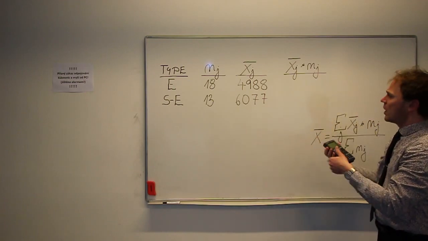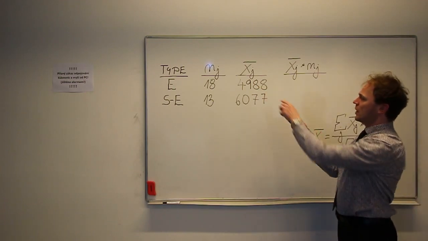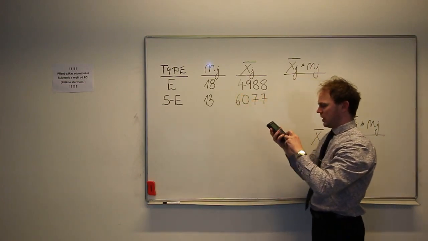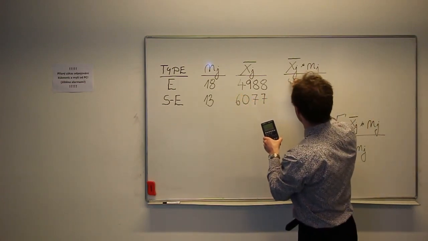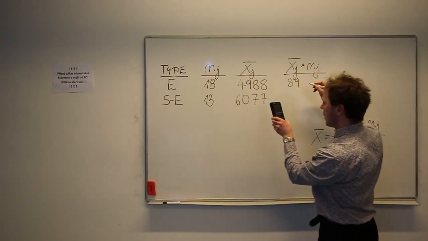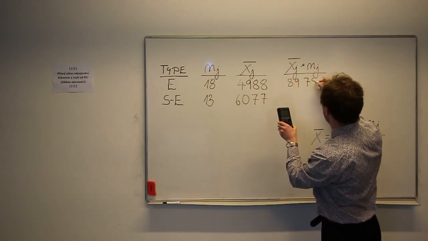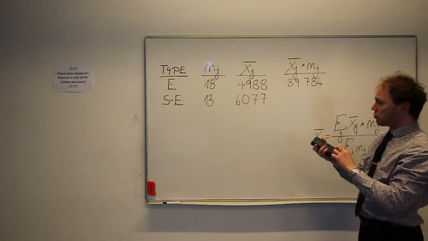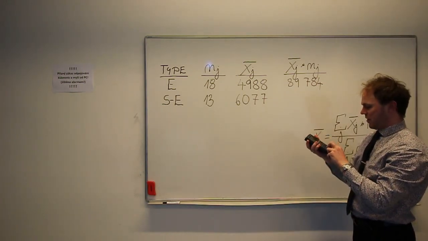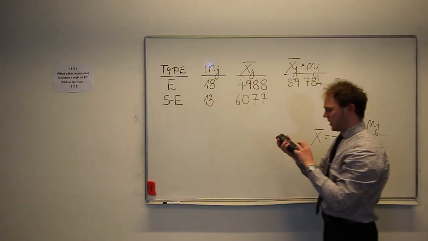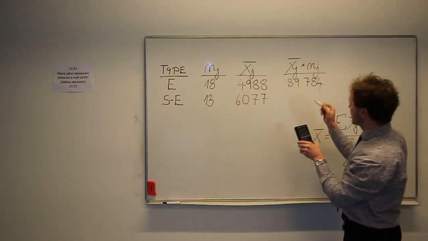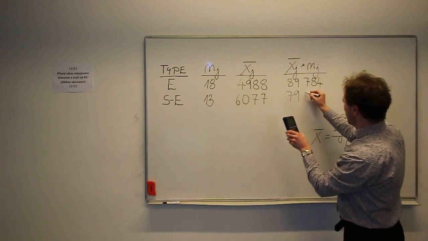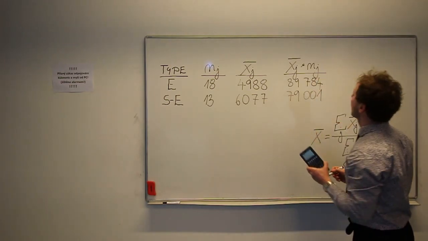Okay, so 4,988 weighted by 18. Yes, so there will be 89,784, and now 6,077 weighted by 13. Okay, 79,001.